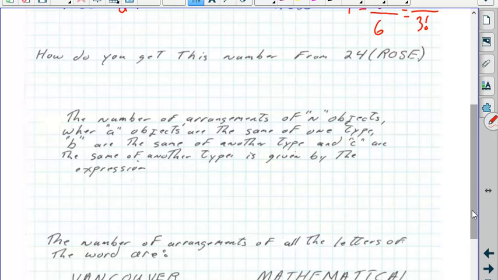And so our expression here is going to be, if there are n objects in something, we would arrange it n times n minus 1, so n factorial. If there are a of one object, b of another, and c of another, we would divide by a factorial times b factorial times c factorial, and so forth.